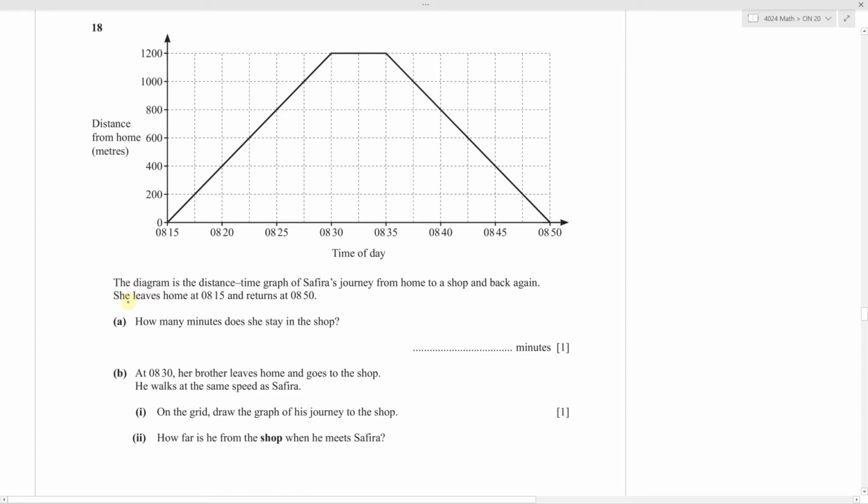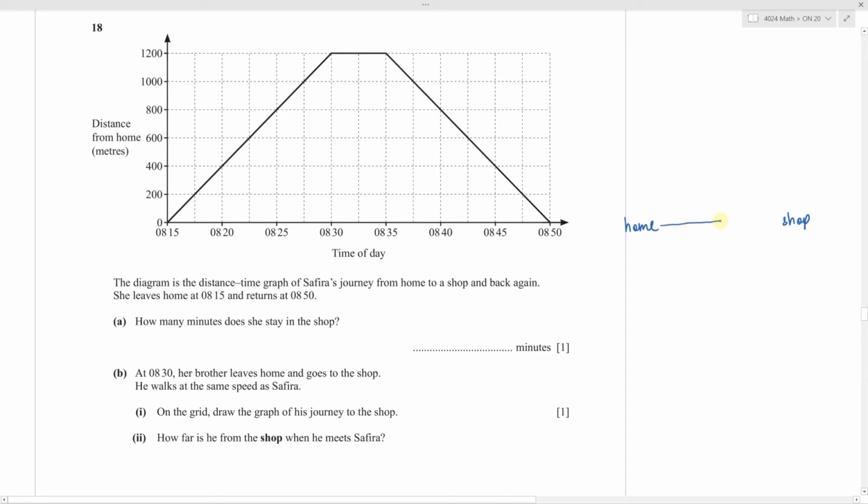Question number 18: the diagram is the distance-time graph of Safira's journey from home to a shop and back again. She leaves home at 8:15 and returns at 8:50. So she leaves here at 8:15 and comes back at 8:50. So if you have home and then shop, she travels a distance of 1200 meters.